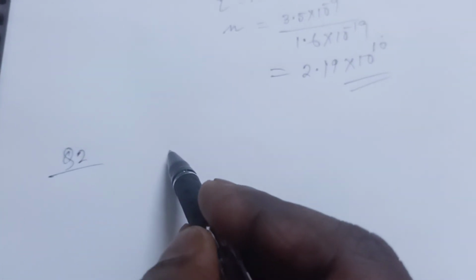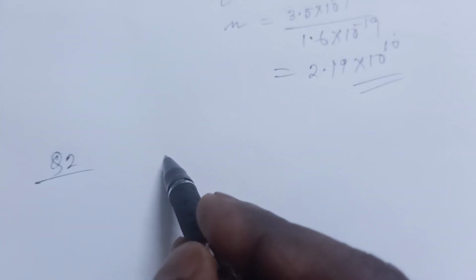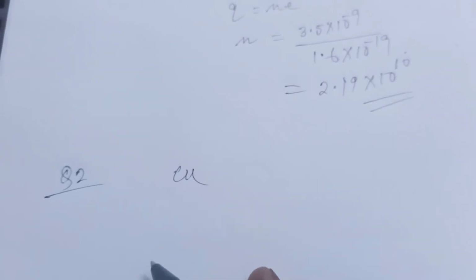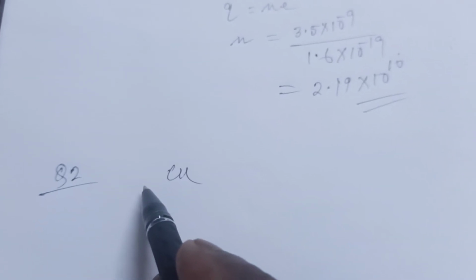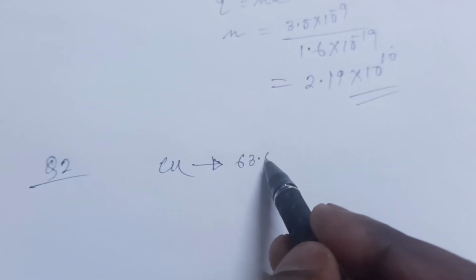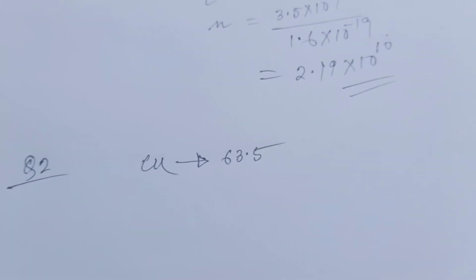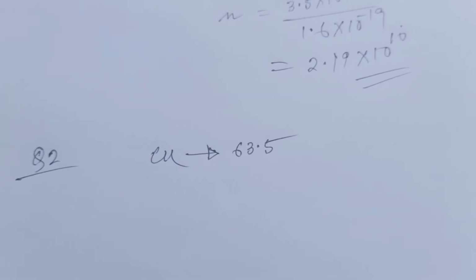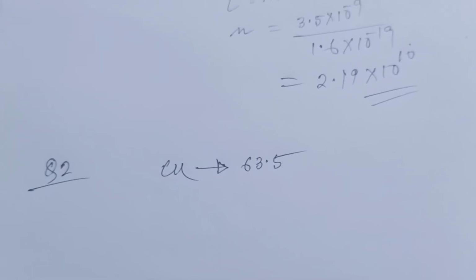So copper, and the atomic weight is 63.5. So atomic weight and molecular weight, what is the difference between this?